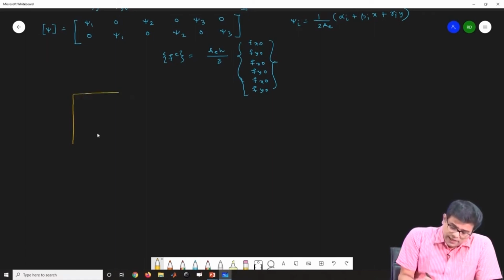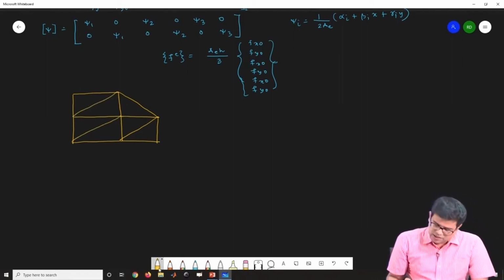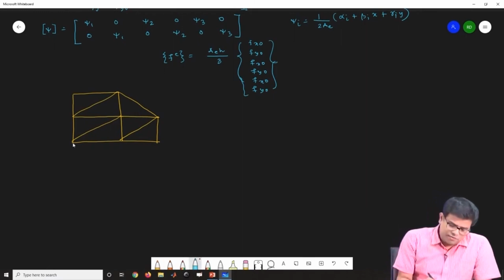So this is something like this. I'm just drawing it for your understanding. Now suppose this is my discretization of the domain through triangular elements. This is a structure, and it may have some boundary conditions here and there.